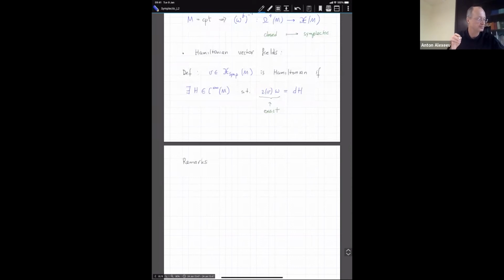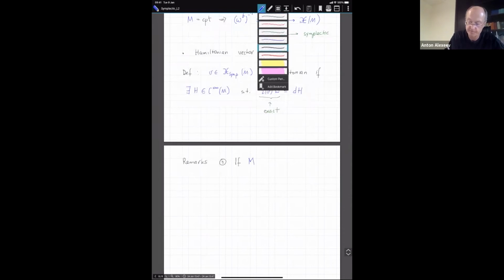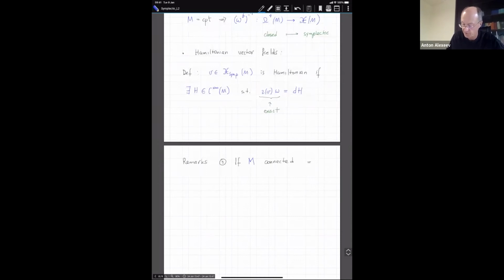The first remark: if we assume that M is connected, then for a given vector field, H is unique up to an additive constant. And again, the proof is elementary.